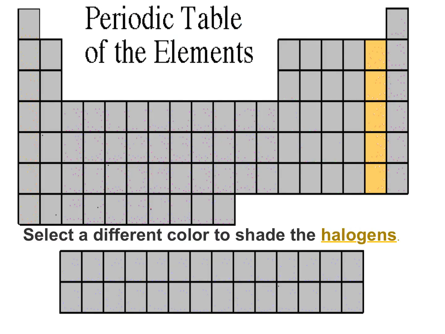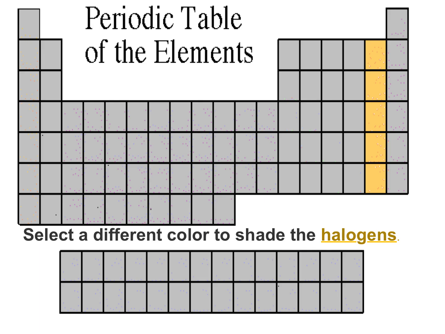We're going to skip all the way over to group 17. You're going to choose a color to shade that, and those are called the halogens. So you're going to pick that color and then write in your key at the top the word halogens. Group 17 is the halogen family. They're very reactive elements. They include chlorine.